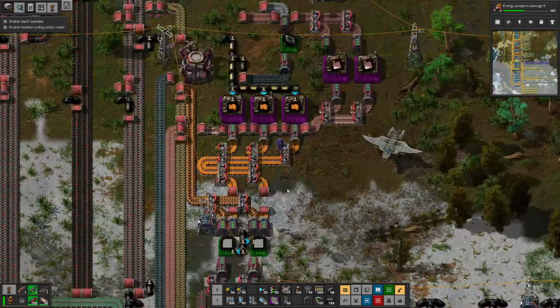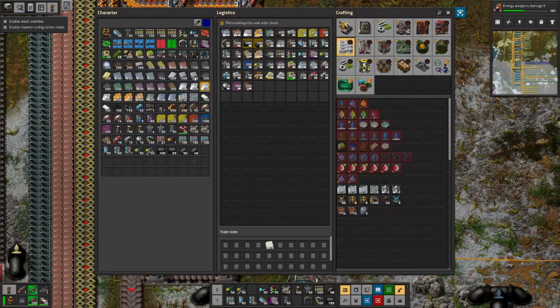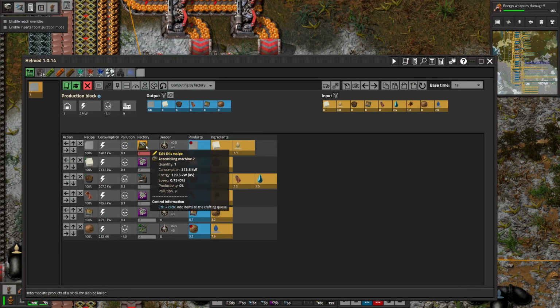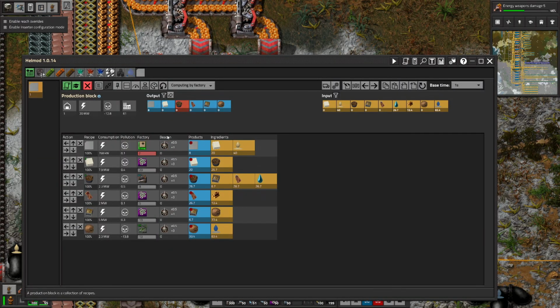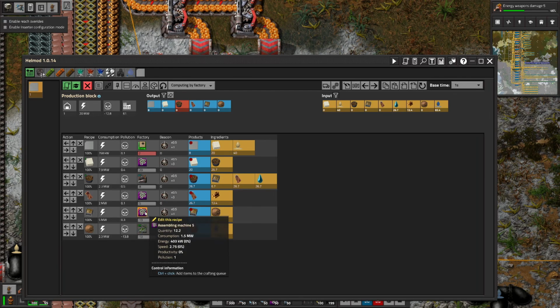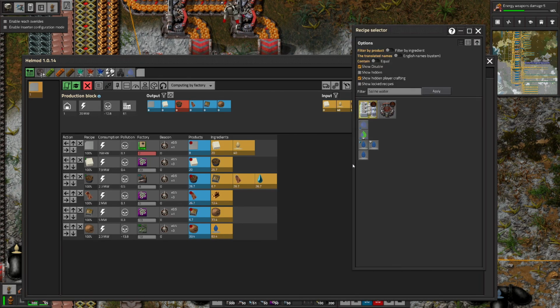Okay, so we're gonna have to... All right. So what are we actually doing here? We're actually doing this. Okay. We're going to have to put in an algae farm. We're going to need saline water from some method.